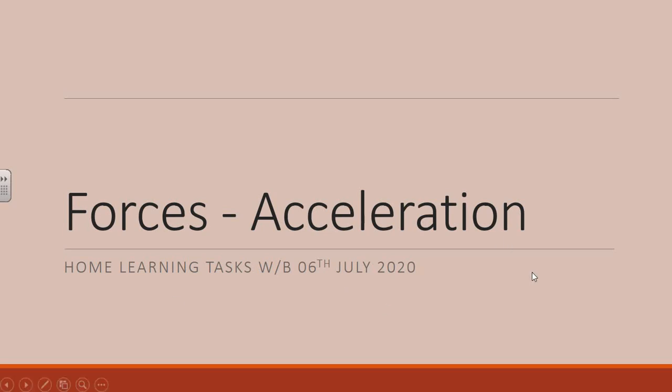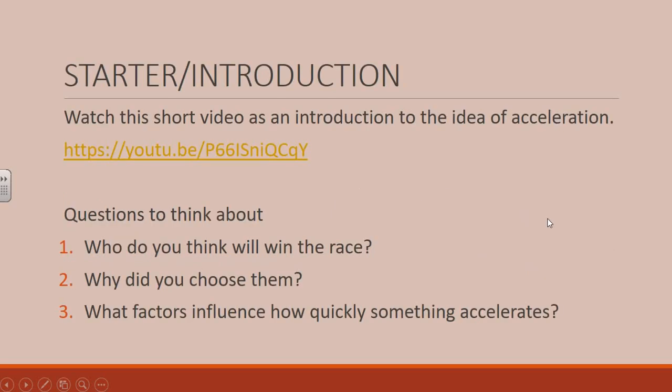Okay, so first of all, there is a starter or an introduction video that I would like you to watch. So you can pause this video at this point now, and you can follow that link, which will be available on the PowerPoint and also will be added to Teams and to Go for Schools for you as a link.